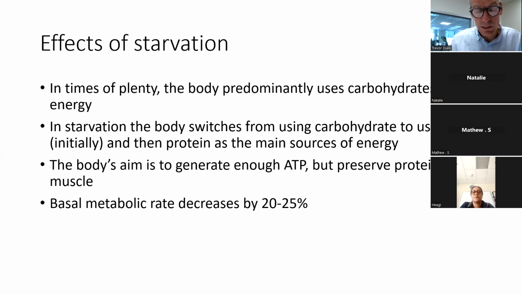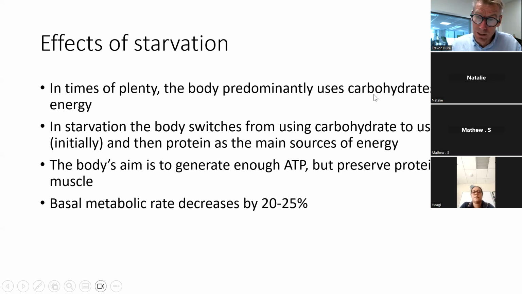When the child's starving, the body switches from using carbohydrates, because you're not taking in any carbohydrates, to using the stored fat initially, and then the stored protein in muscle as the sources of energy. This is a very important transition, because the hormones that govern it are very different.